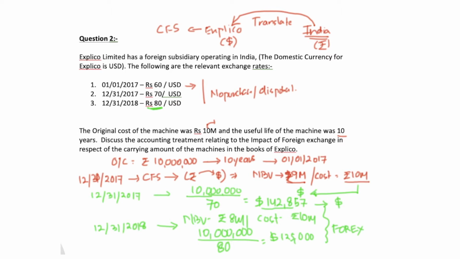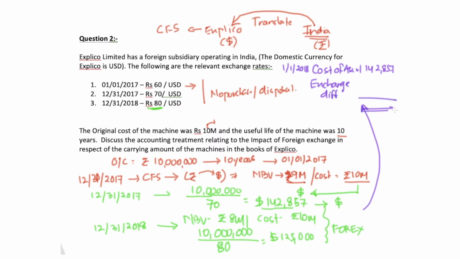Now, we will discuss how we need to present it. The presentation will look like this. The cost of the asset on the first of January 2018 was 142,857. We did not make any additions, we did not make any disposals. Now comes into the picture the exchange difference.